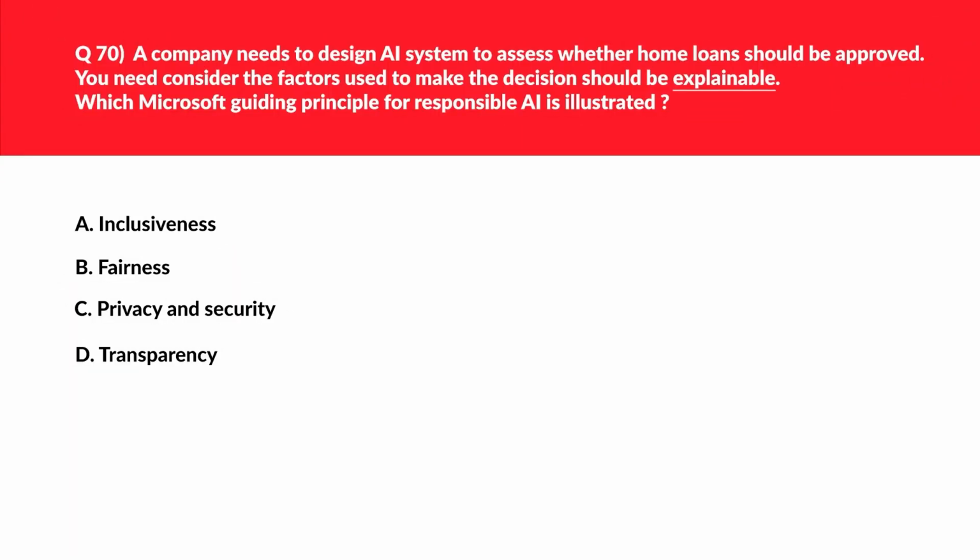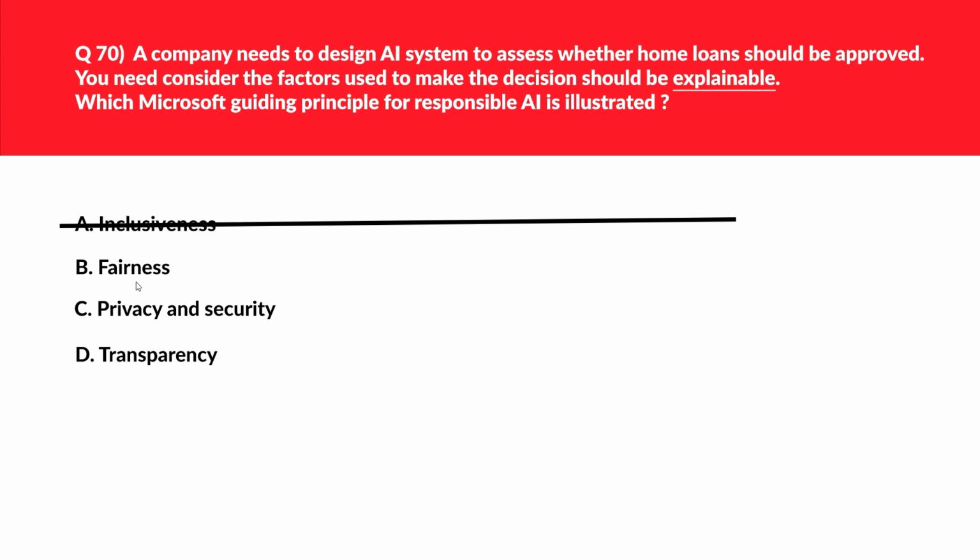Okay, this is a real life scenario for an AI system, especially where home loans are encountered. Now let's look at option A. It says inclusiveness. There is no mention of any kind of disability related to vision or hearing in the question. So inclusiveness is out for now. We'll look at option B. B says fairness.